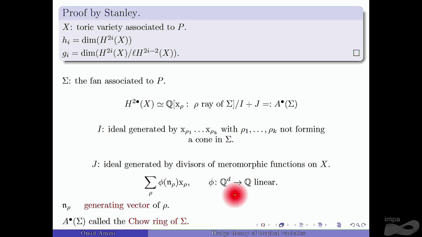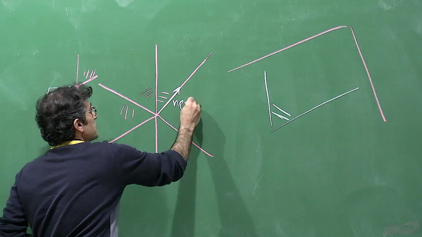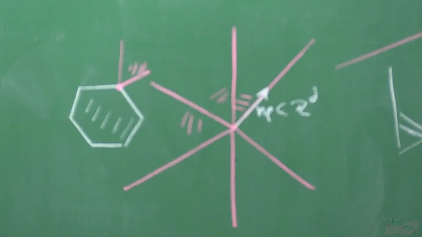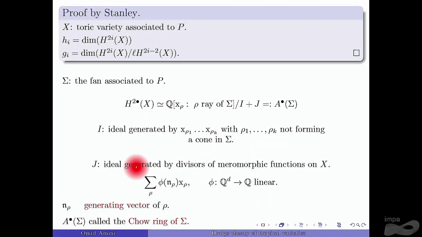So for any linear function from Q^d to Q, you get a relation which tells you that the sum of phi evaluated at the generating vector of each ray, which is an element of Z^d giving you the direction of the ray, vanishes. For any linear function, you get one relation between the variables, and these two types of relations describe exactly the cohomology.